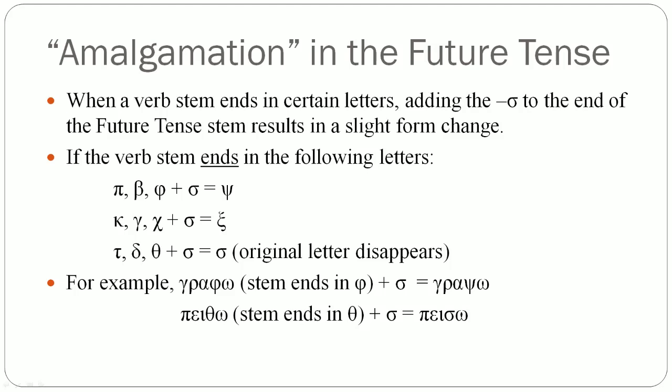Amalgamation: if your verb stem ends in these letters, you're going to have a slight change there. But this is a pretty basic rule, so hopefully it's easy to see. Anytime you see one of these letters that has a sigma sound, psi or xi, start thinking, this might be a future tense, and what verb it's from.